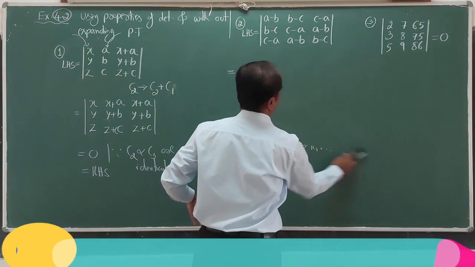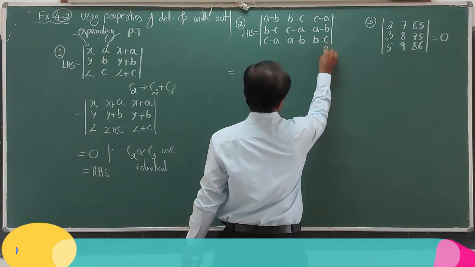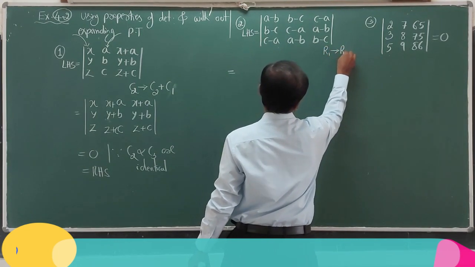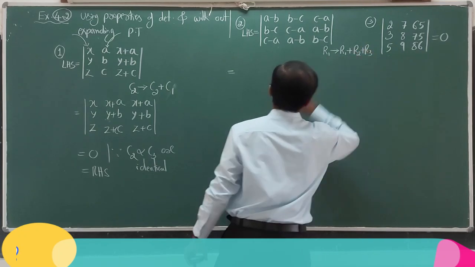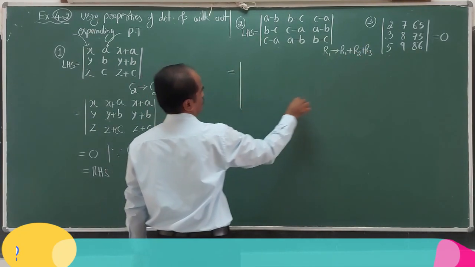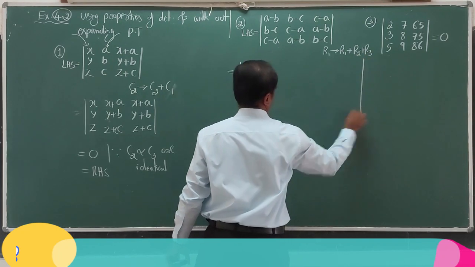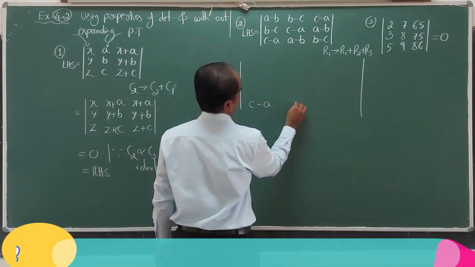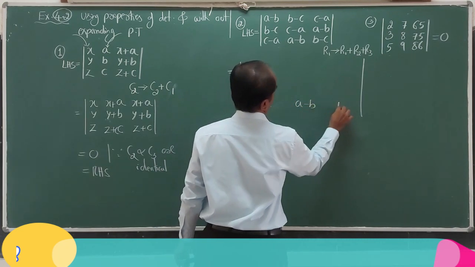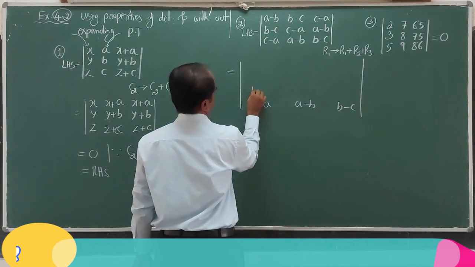Now let us see what are the resulting elements. R1 changes to R1 plus R2 plus R3. Second row, third row, I have to write as it is.